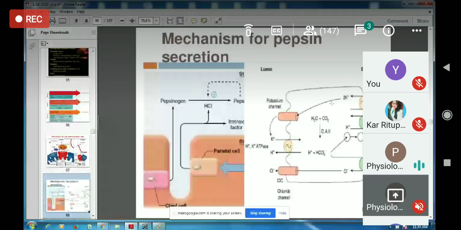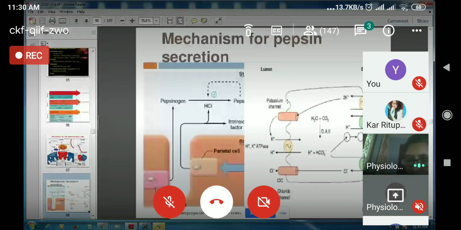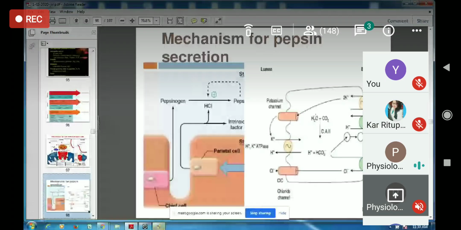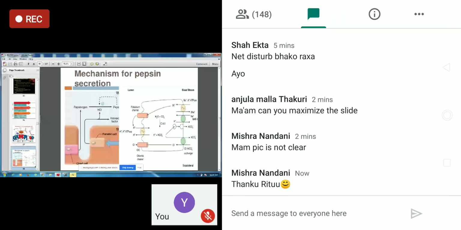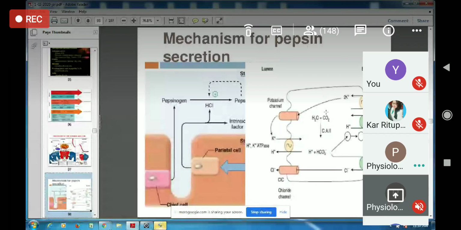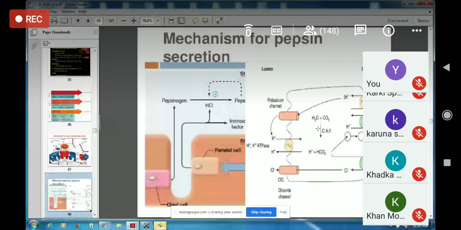So the right portion of this is important for you. Lumen means it is the stomach. Bloodstream means capillaries. So focus here. This is the proton pump, hydrogen potassium ATPase. For a question which talks about HCl secretion, we have to draw this diagram. We have to explain that inside the parietal cell or the oxyntic cell, this is the reaction going on.